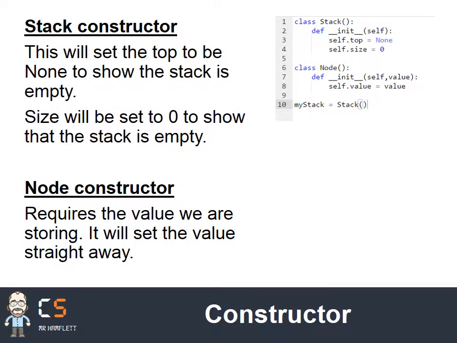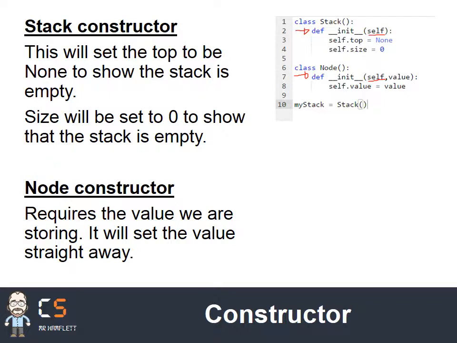We have two constructors defined here. The first constructor is for the class stack, and the second one is for the class node. Notice that both of them have this self parameter. Whenever you create a method in Python and that method is not static, you have to supply self.